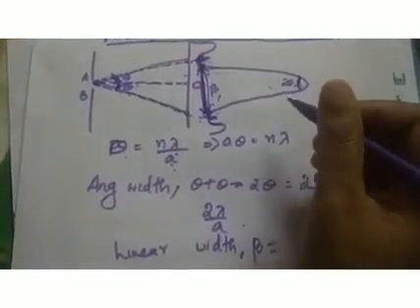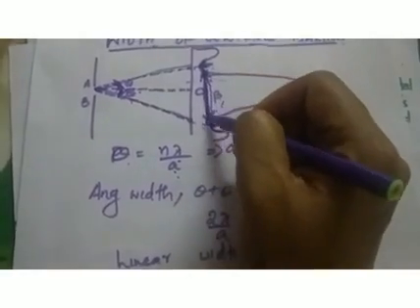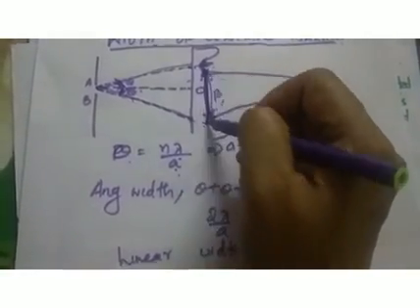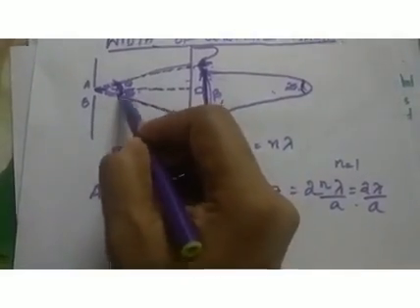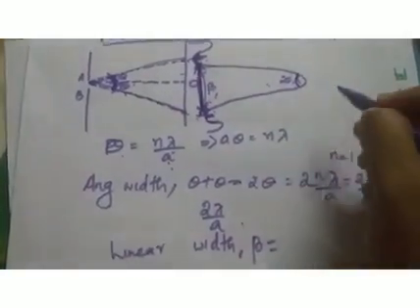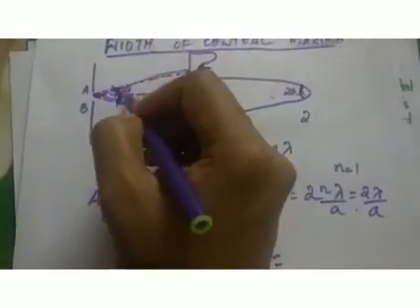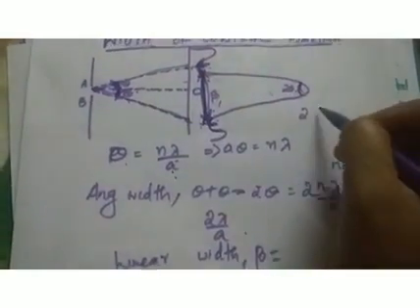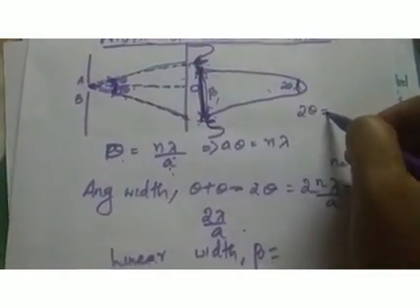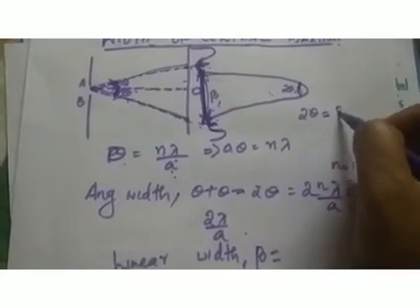In order to obtain an expression for beta, we must use the arc radius relation. If we consider this portion as an arc, and this is the angle subtended by that arc, this is the whole angle subtended by this arc. So angle 2 theta is equal to arc length divided by radius. Arc length is beta.